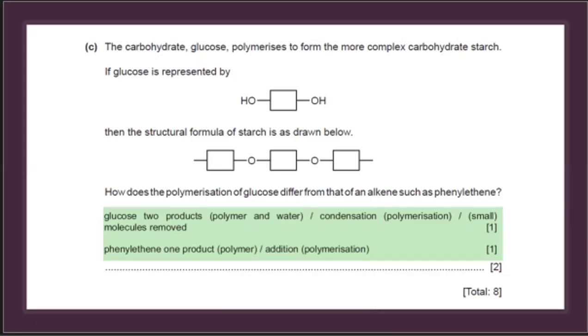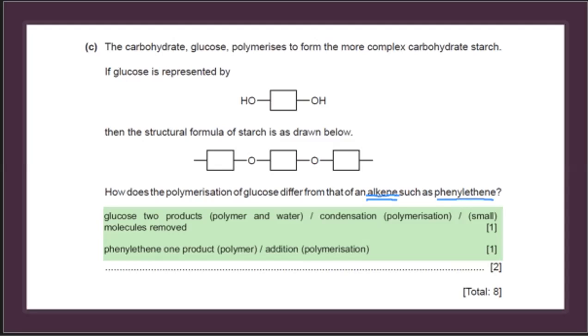Next question. The carbohydrate glucose polymerizes to form the more complex carbohydrate, starch. If glucose is represented by HO, box, OH, then the structural formula of starch is as drawn below, and they draw the structure for you. How does the polymerization of glucose differ from that of an alkene, such as phenylethene?